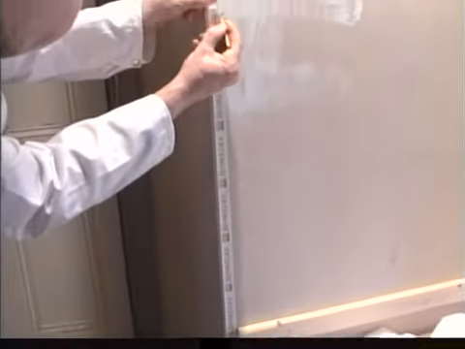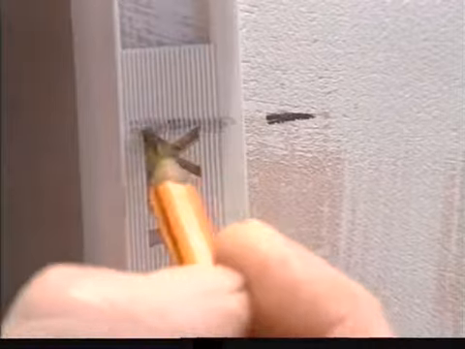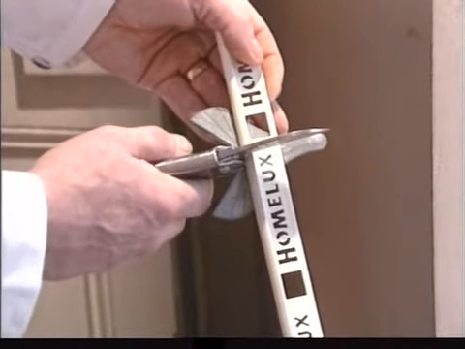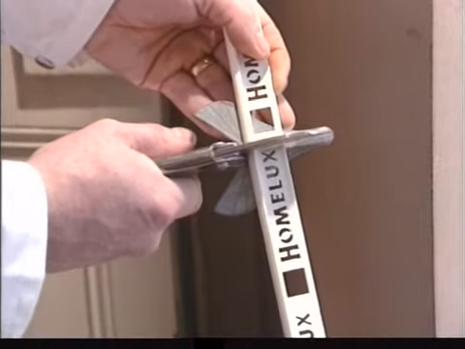Place the tiling trim on top of the skirting board. Mark the finished height onto the trim and cut. Cut the trim with either a junior hacksaw or dedicated tile trim cutters.